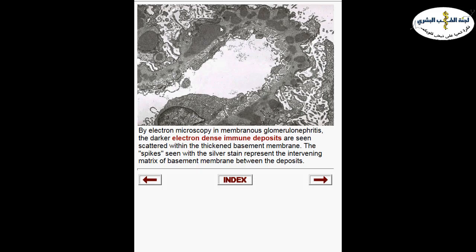And in electron microscopy, we can again see variable sized deposits of variable shapes also. These deposits look black, dark gray in color, while the basement membrane material looks light gray.